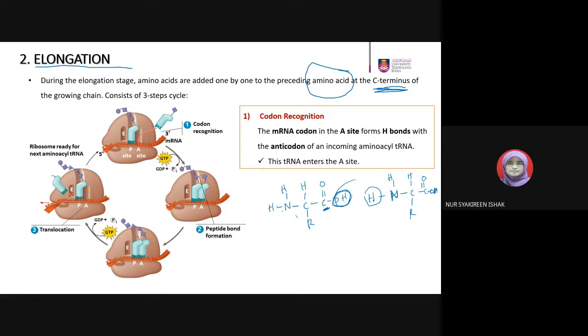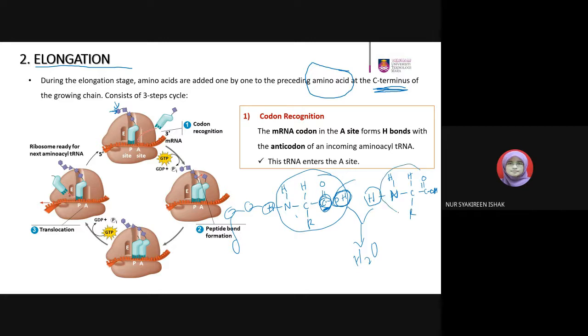This one attaches to the growing polypeptide chain that is attached to the tRNA. So this is the last amino acid here. You always add at the C terminus over here. The process involves the removal of a water molecule. So remember what you learned last semester.